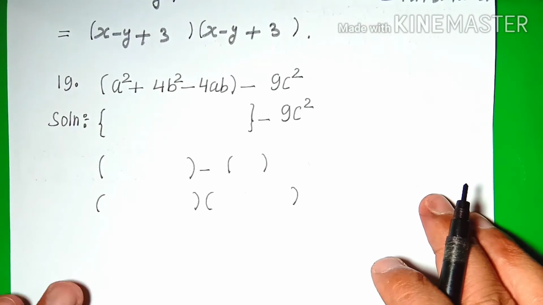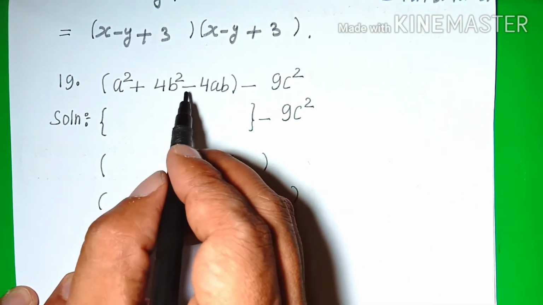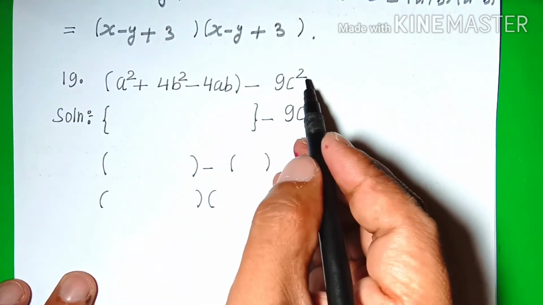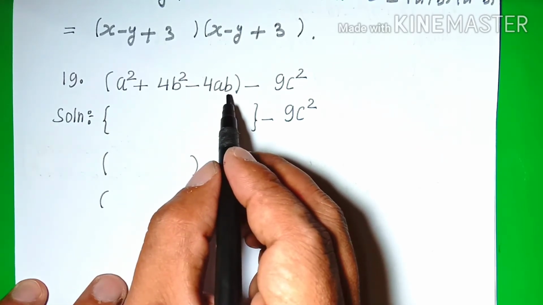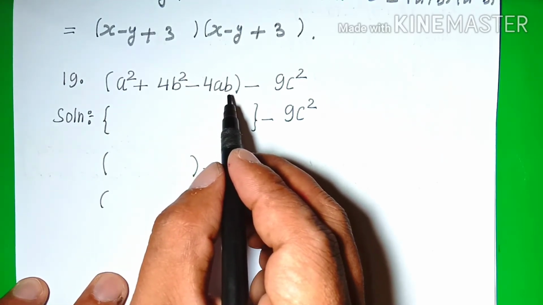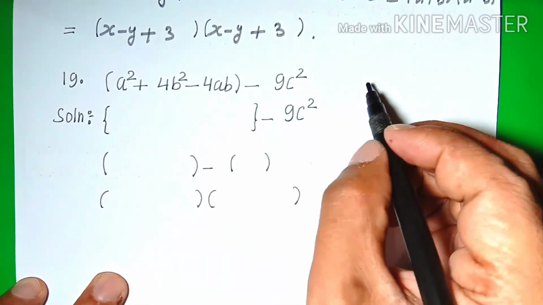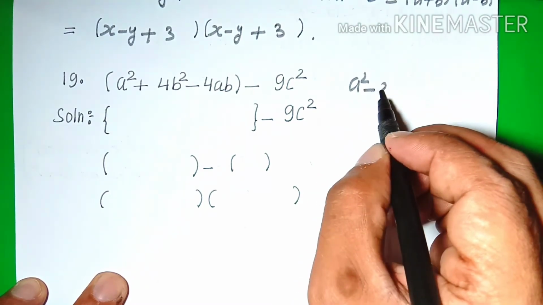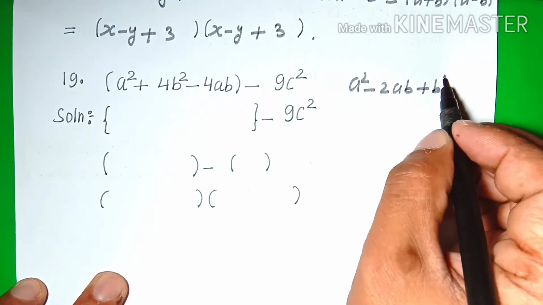Again the next one: a square plus 4b square minus 4ab minus 9c square. The first three terms are in the form of a perfect square trinomial. Now this can be rearranged in the form a square minus 2 into a into b plus b square.